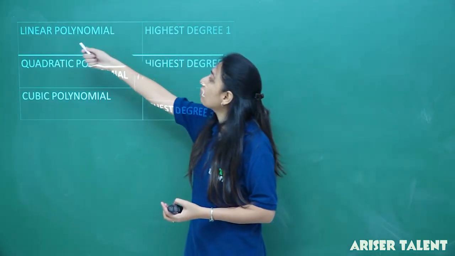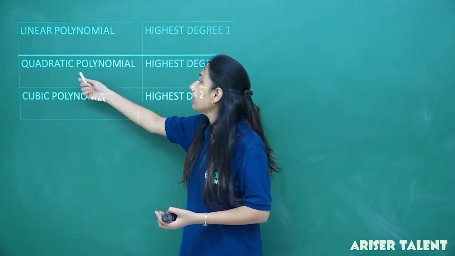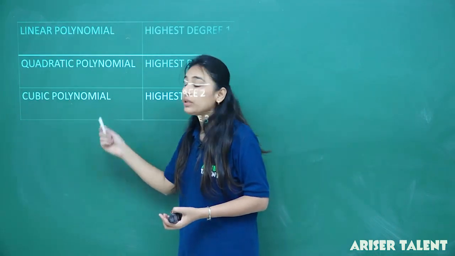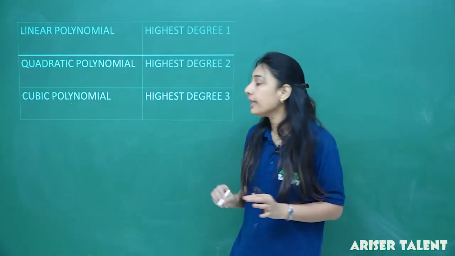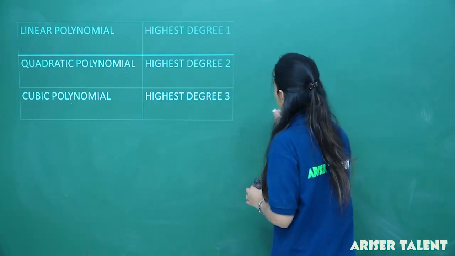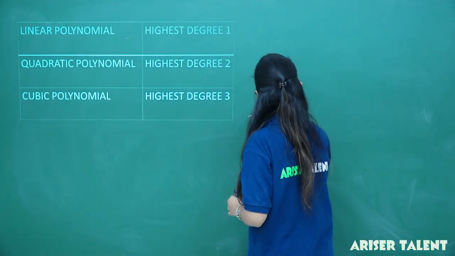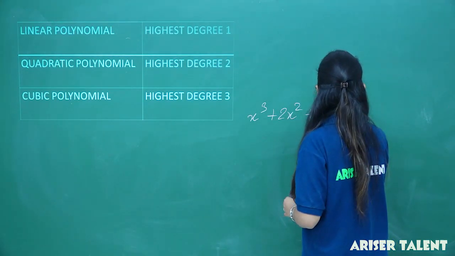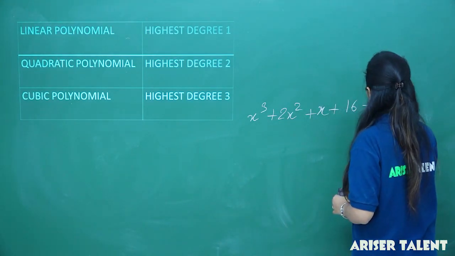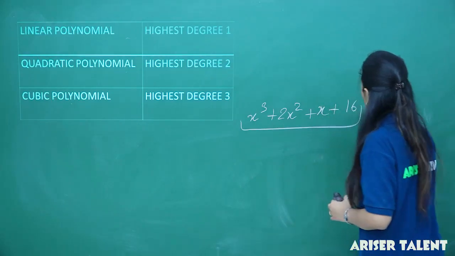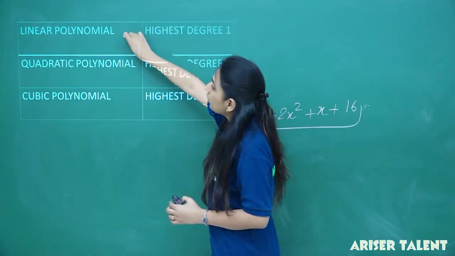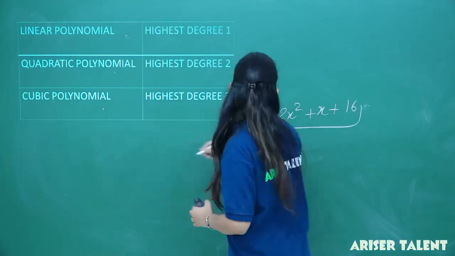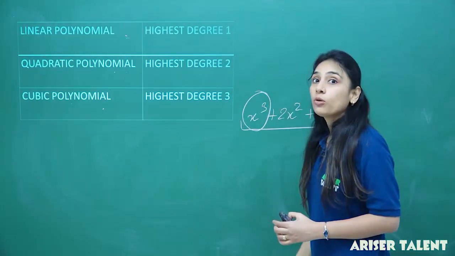So we have linear polynomials, quadratic polynomials, cubic polynomials. Now you may have any equation like x cube plus 3x square plus x plus 16. Is this a linear, quadratic or cubic polynomial? You will answer cubic polynomial.